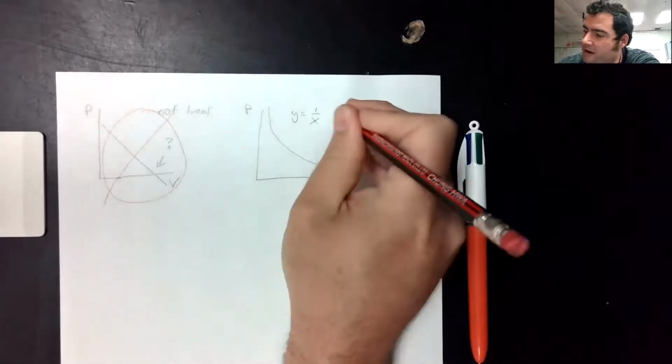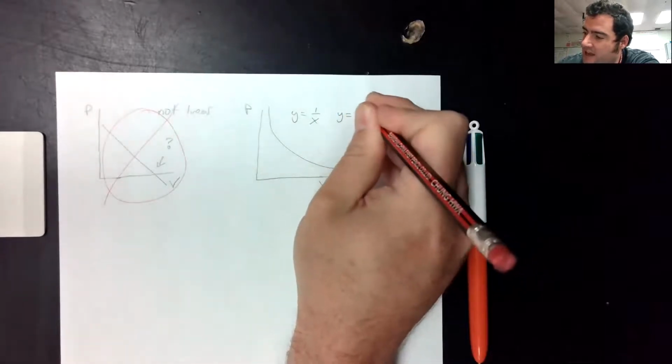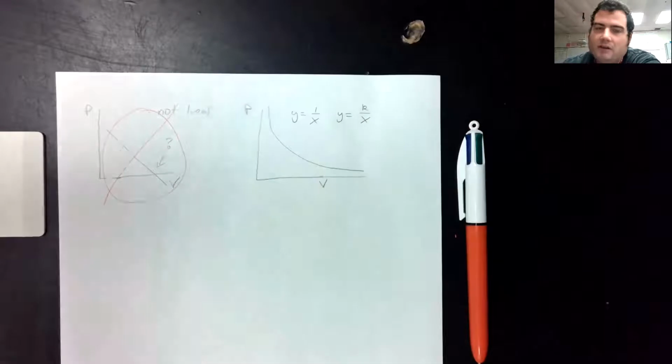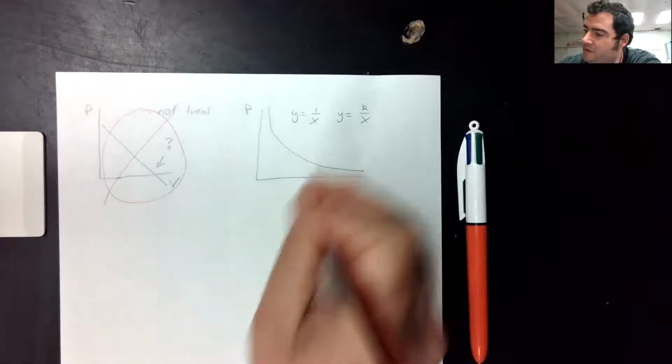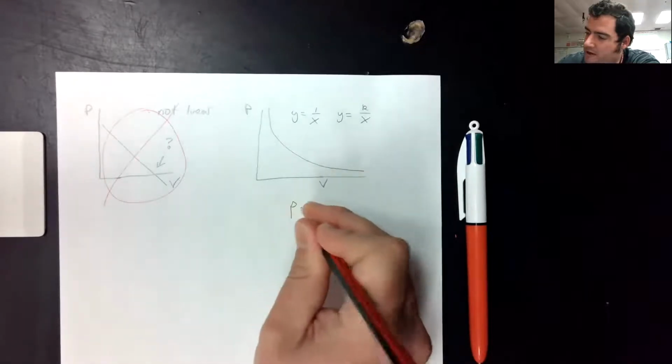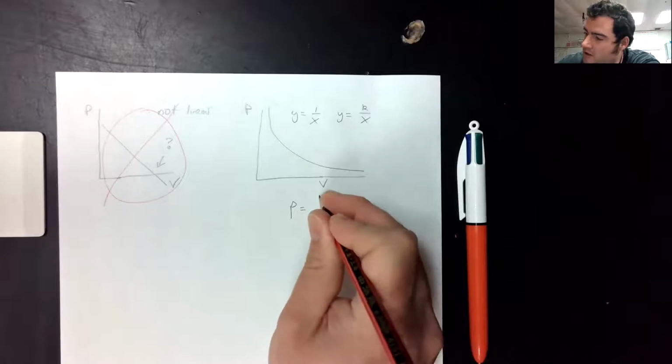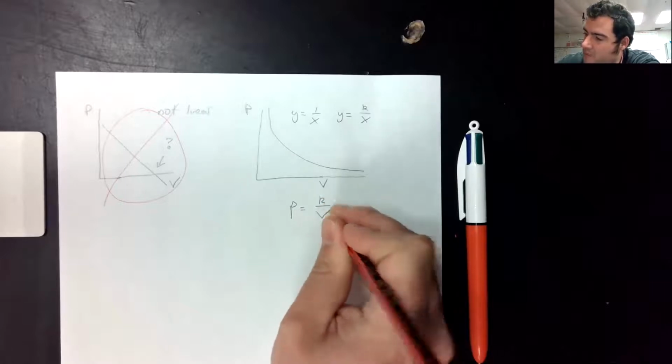And in general, that graph would be y equals k over x. Some number k, some random number divided by x. And to make it specific for this graph, it would be pressure equals k over volume.